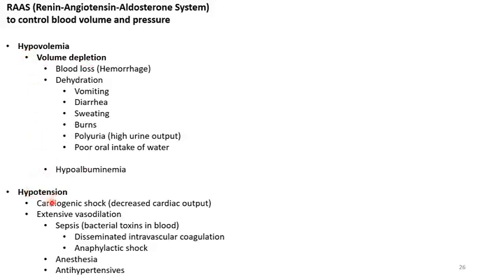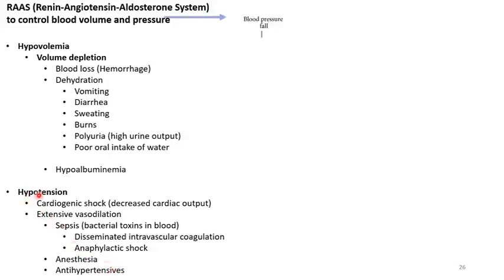Hypotension may be due to cardiogenic shock from reduced cardiac output, or extensive vasodilation due to bacterial toxin in blood, or anaphylactic shock, anesthesia or antihypertensive overdose.